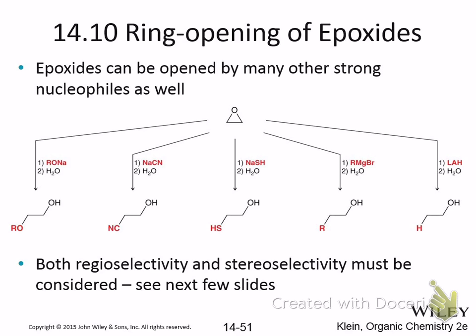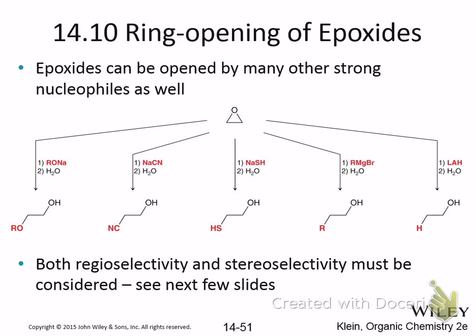Sulfides are very good nucleophiles because of their size, and they're not strongly basic, so they make very good nucleophiles. You can also use Grignard reagents, and you can use lithium aluminum hydride. If you use lithium aluminum hydride, when you open the epoxide, you just end up with the alcohol functional group. So lots of different things that you can do with this.